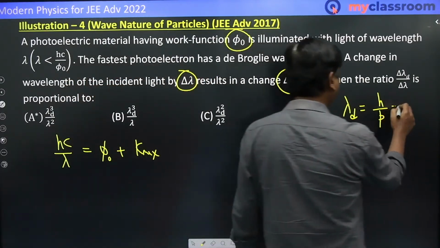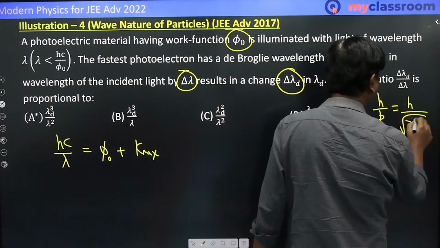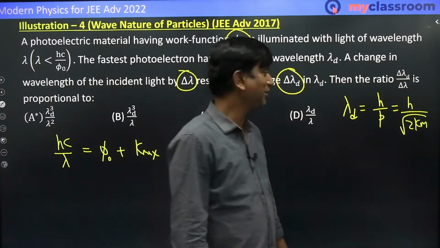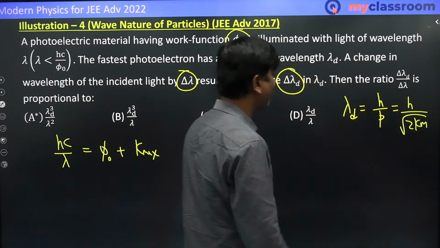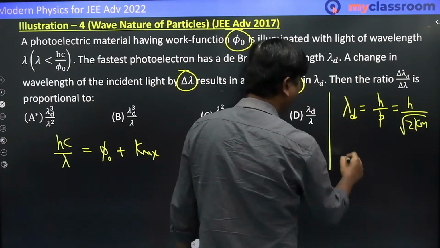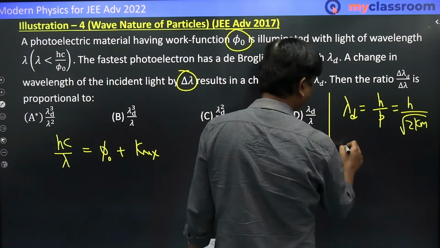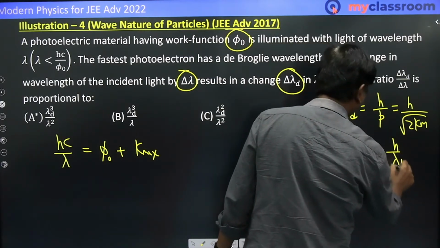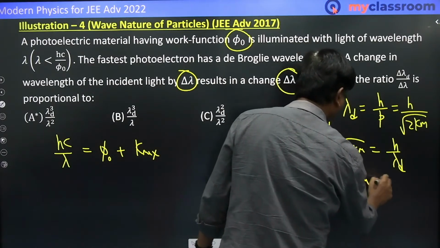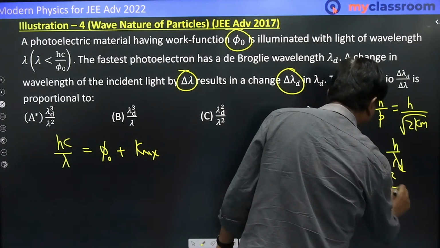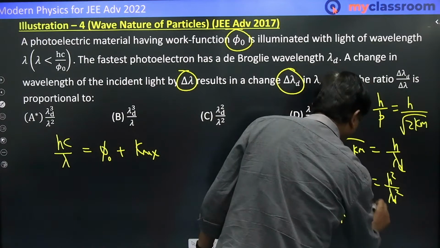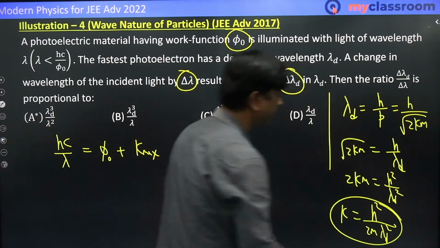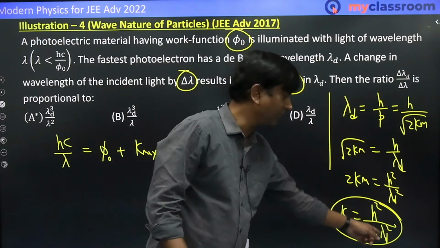And momentum you can write in terms of kinetic energy: momentum is equal to under root of 2Km. So let us first write the kinetic energy in terms of de Broglie wavelength. Root of 2Km is h by lambda d, so 2Km is h square by lambda d square. So K is equal to h square by 2m lambda d square. You have written the kinetic energy of the electron in terms of the de Broglie wavelength.